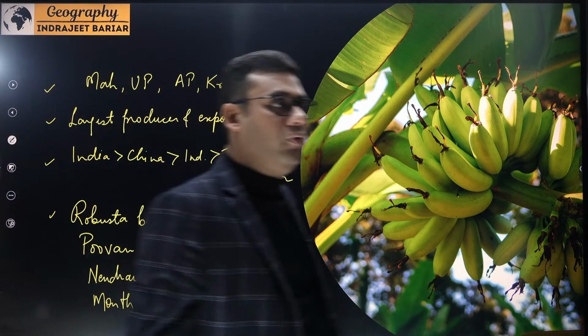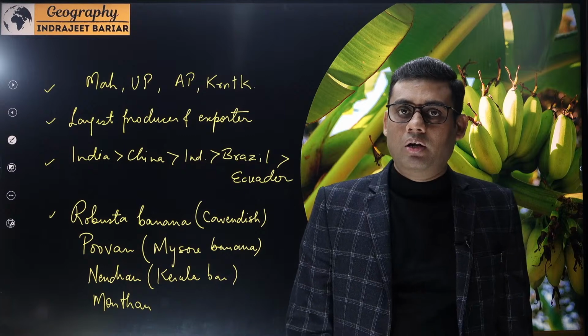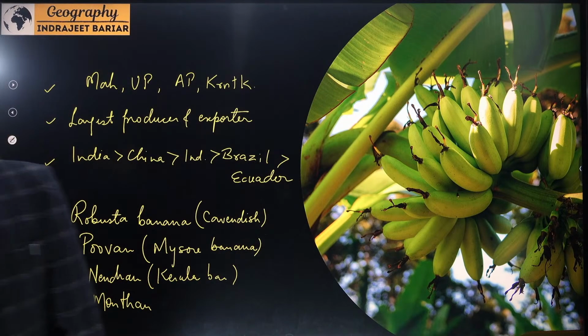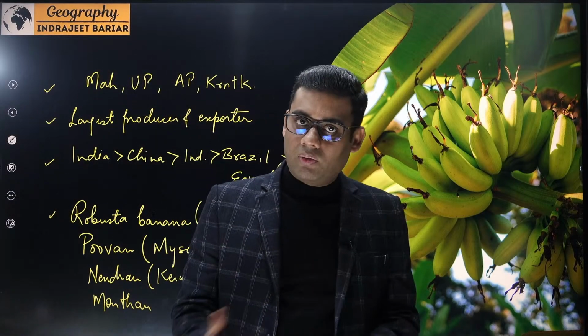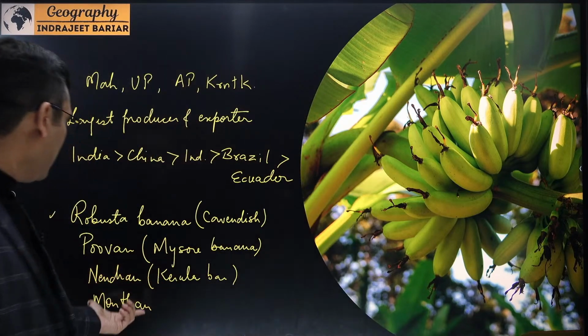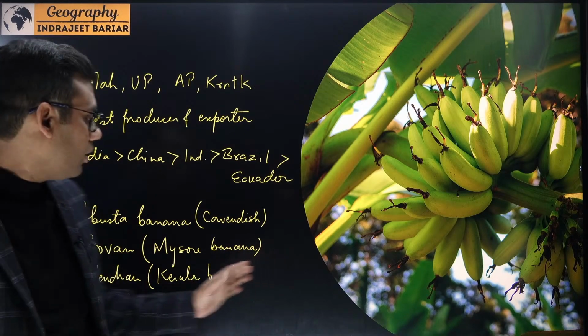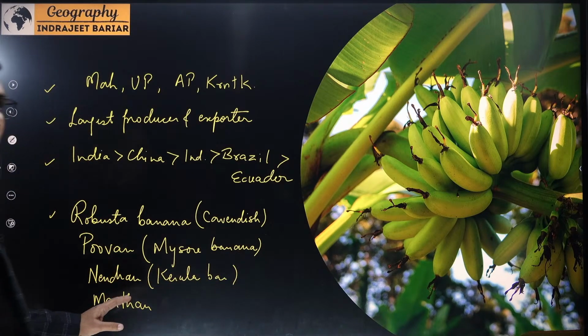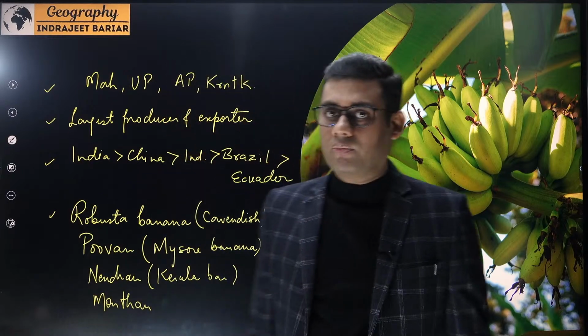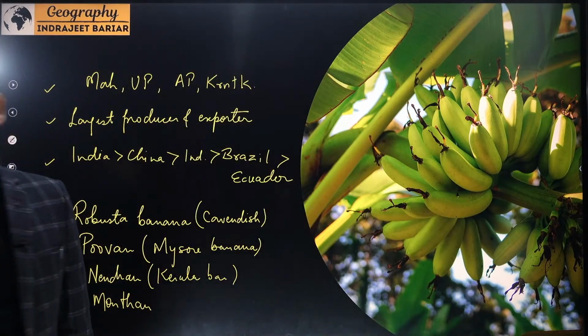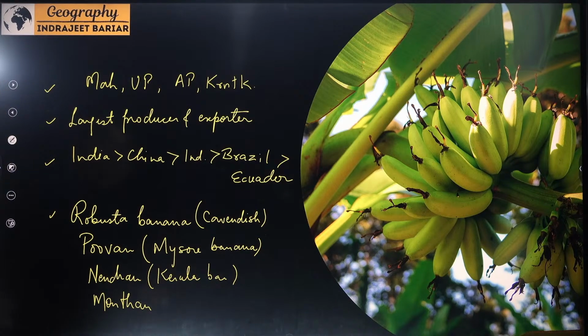Monthan is the banana which majorly grows in South India, and it is used to make food items, specifically banana chips. So these are a few names you should be aware of for the prelims examination. It's straightforward: the names are given, and you have to identify that they belong to the banana family.